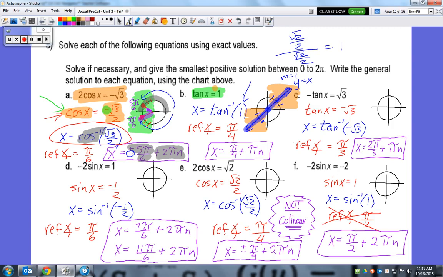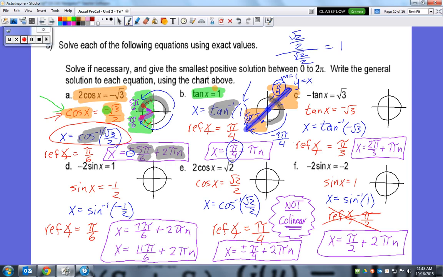Now, quadrants 1 and 3, from here I would ask myself, well, what's the domain of arctangent? Well, I know it's from negative pi over 2 to positive pi over 2, so the only one that would work, because right now I see a pi over 4, and I also see a positive 5 pi over 4, or I could say this is also a negative 3 pi over 4, but the only one out of all these numbers is the positive pi over 4.